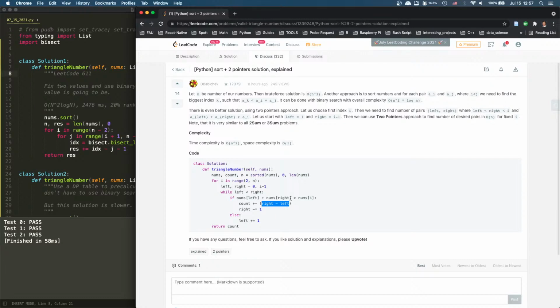Hold on, let me think about it again. So for each value, we go front and back, right? If these two sum is smaller than the right, that means the right is too big. Then we have two choices, right? We can either move the left or move the right. We should move the left, right? Because it's too big, and we move the left because we need to keep the right as big as possible.